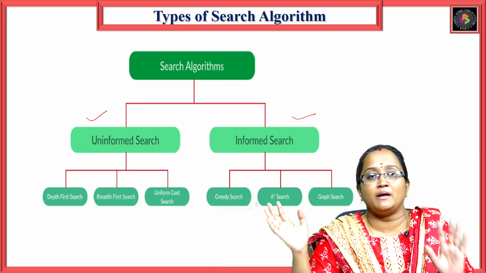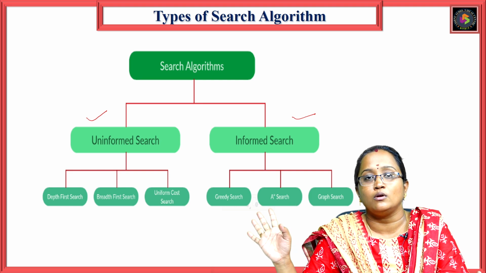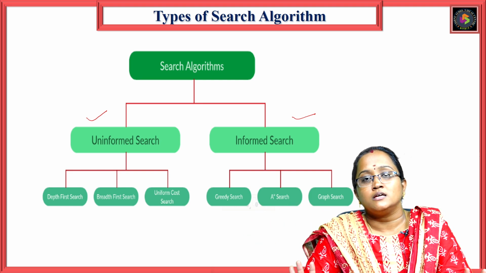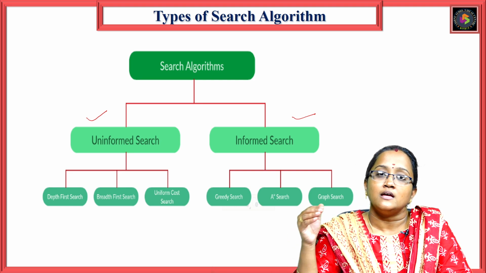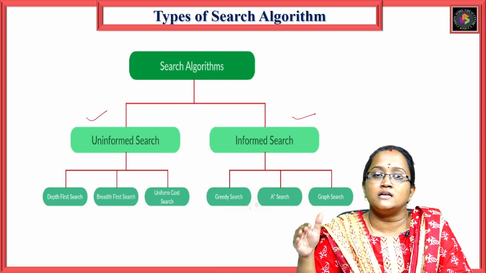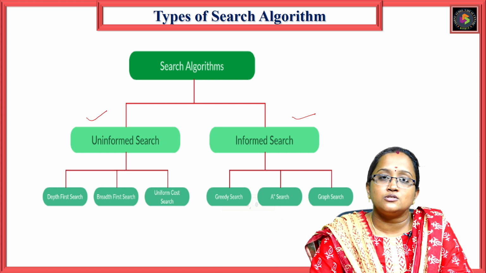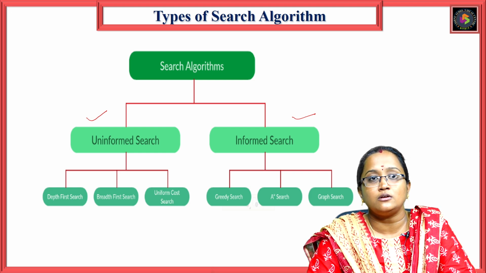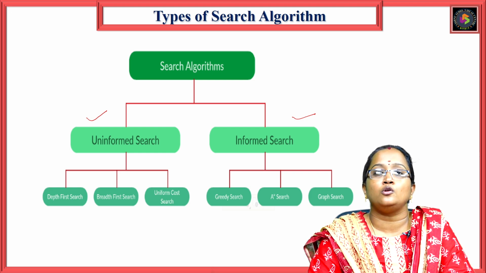We only check whether the last state we have reached is a goal state or a non-goal state. That is called uninformed search. We don't have any additional information to reach the goal state.